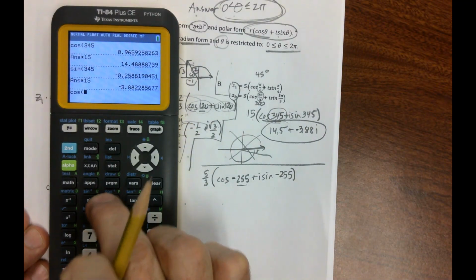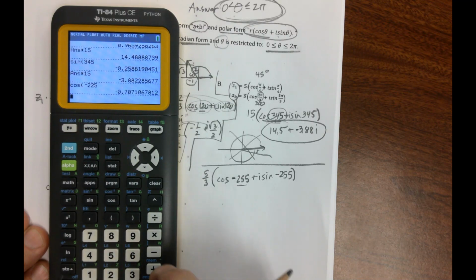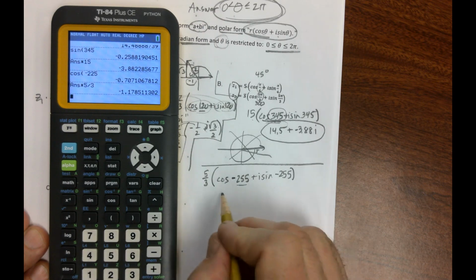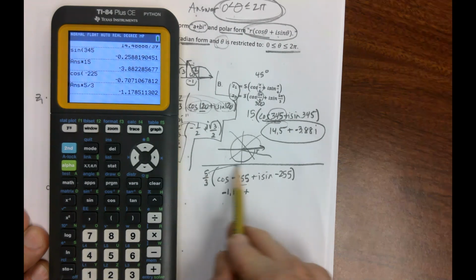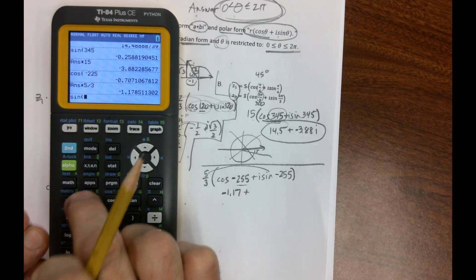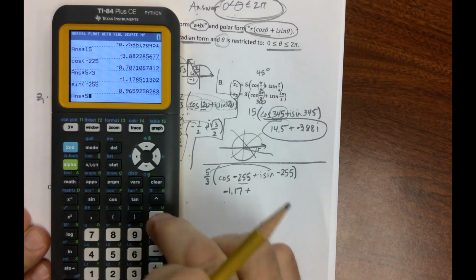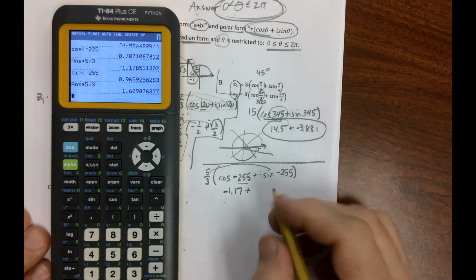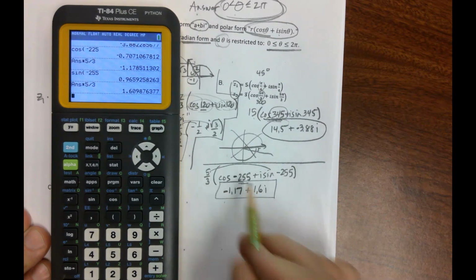And we're going to go to cosine of negative 255 times 5 divided by 3. So I get negative 1.17 plus, now this has to hit that, but sine of negative 255 times 5 divided by 3, we'll call it 6i. There you go.